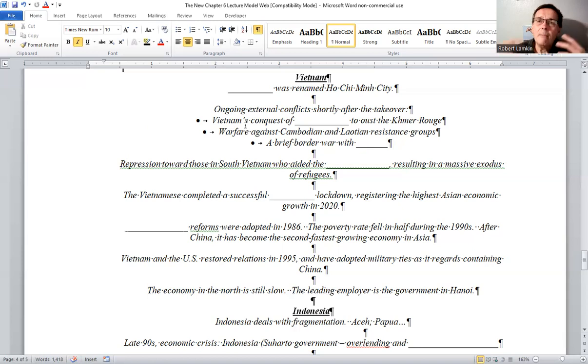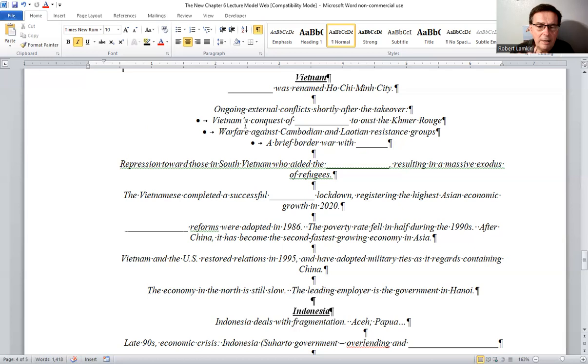President Clinton met openly with them during his presidency, and that opened the levees to a resurgence in the Vietnamese economy. 1995, that was.